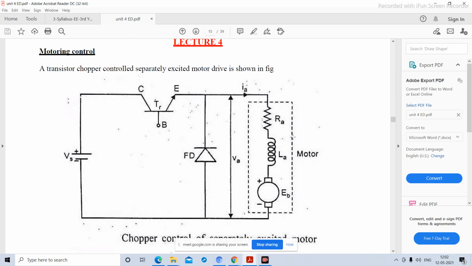So the voltage across this motor is 0 because the current is flowing through the freewheeling diode during the T off period.